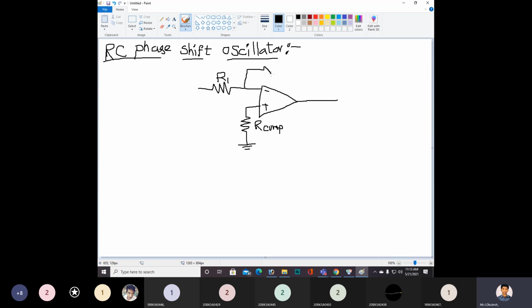Here you need to connect the feedback resistor, RF.